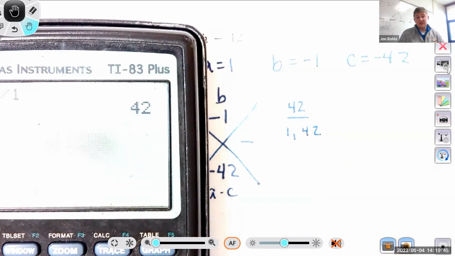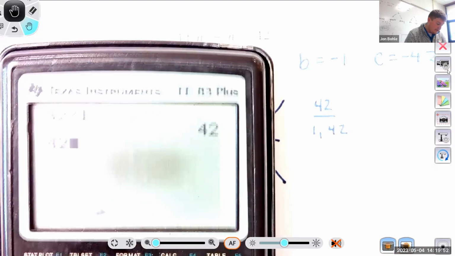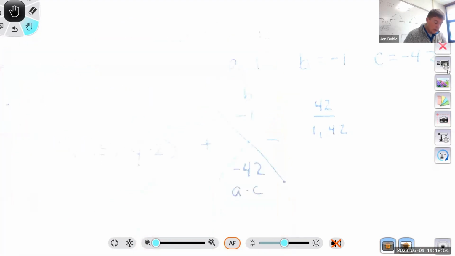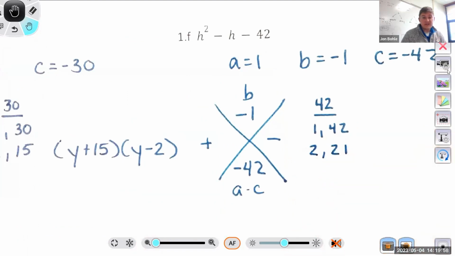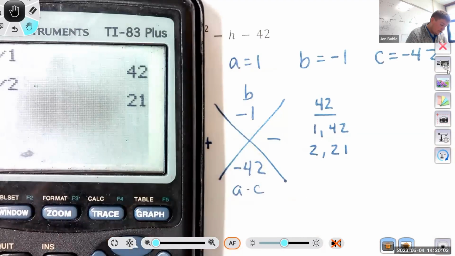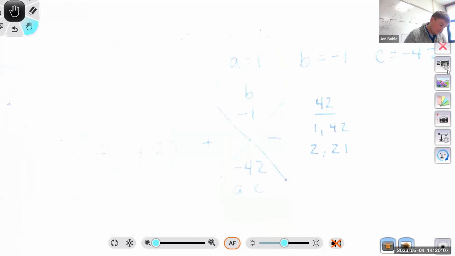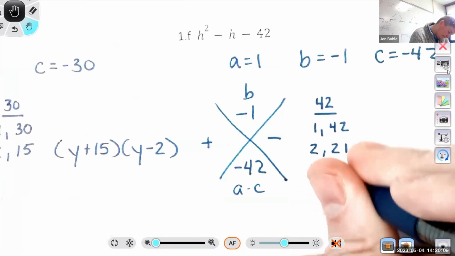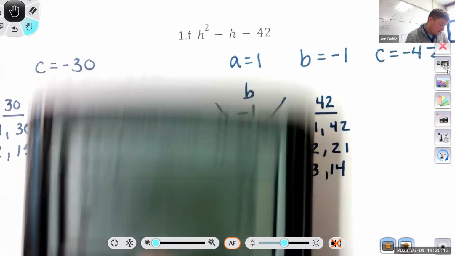I know 1 and 42 subtract to 41, and that's not the number I'm going for. Now 42 divided by 2. That's 2 and 21. 2 and 21 subtract to 19. I'm trying to get to 1. 42 divided by 3 is 14. Those numbers subtract to 11, so that's not it.